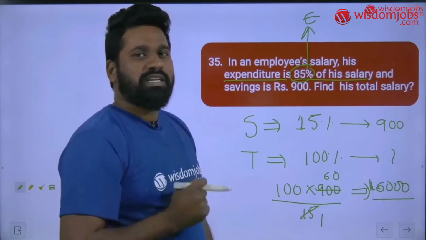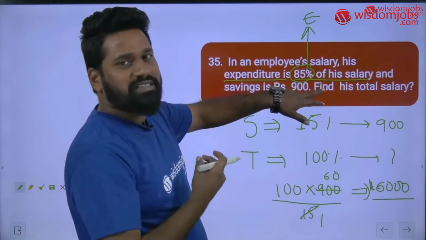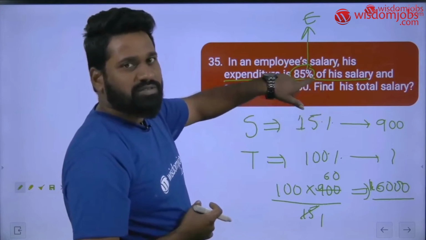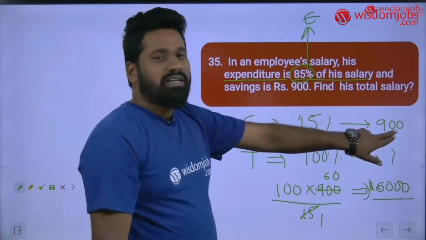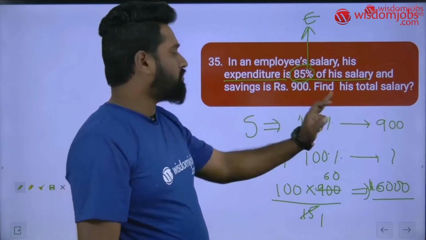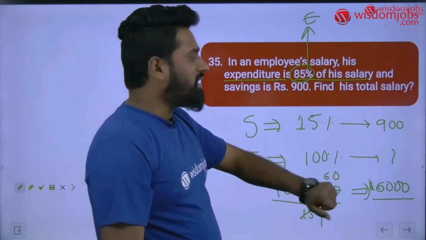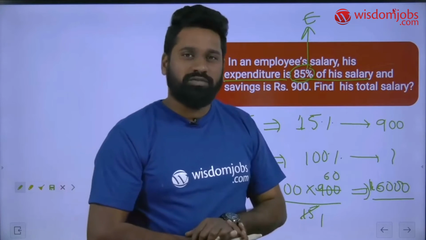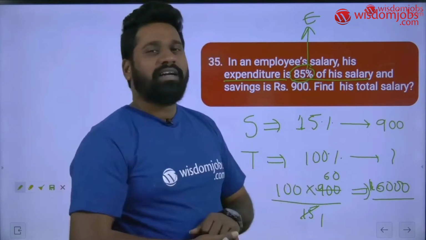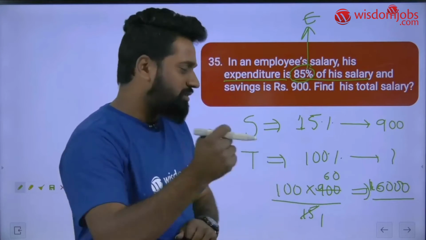So it is the same question as the previous one, but here expenditure is given in percentage and savings in rupees. So savings indicate 15%, so definitely that is 900 rupees, because both indicate savings only. This is given in terms of percentage, this is given in terms of rupees. That is why we are equating those two. So we are finding 100%, which indicates the total salary. Clear now? Right.